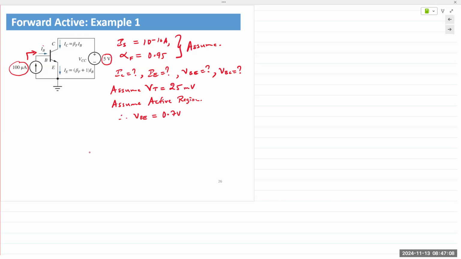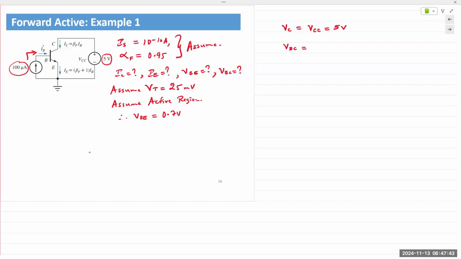So it's forward biasing the PN junction. Assume VB is 0.7. Then I can find VC. VC in this case, measured with respect to the emitter terminal, is equal to VCC, which is 5 volts. Collector voltage, 5 volts. And so from here, I can then find VBC.